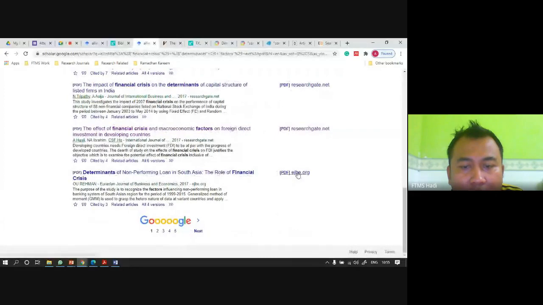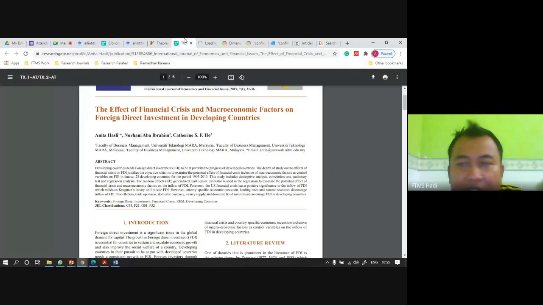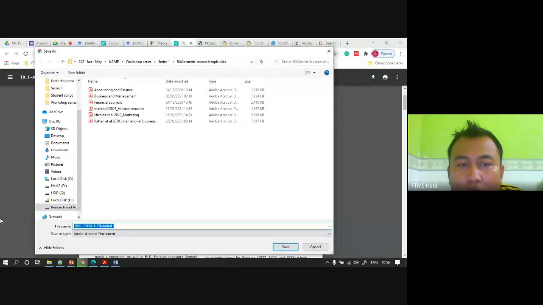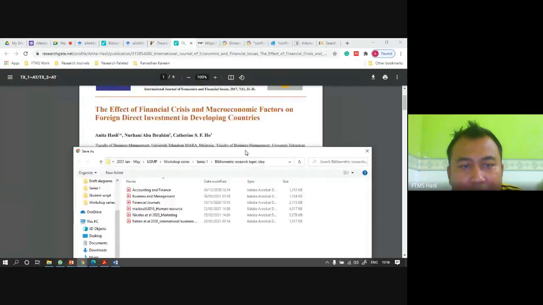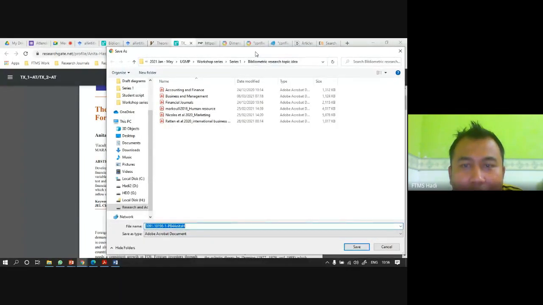Okay, non-performing. If you're interested, you right click, and then you have this button, save, download. So don't forget to download, put it in another folder, and then save. How to save is easy. Instead of keeping these crappy names, why don't you name them by authors?